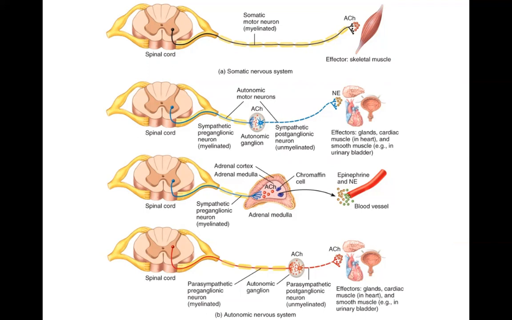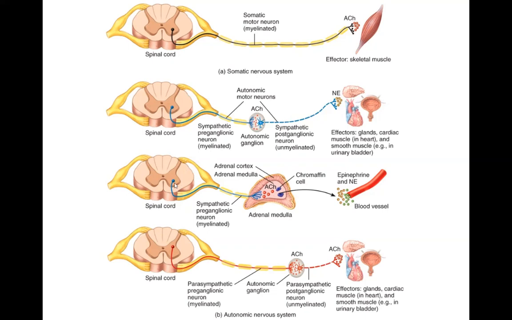So what that means is you should be able to just recognize what division of the nervous system each illustration is showing you. At the top, this is one neuron going all the way to skeletal muscle, so that has to be the somatic nervous system. The second picture is showing you the sympathetic nervous system, where you have a short preganglionic and then a long postganglionic.